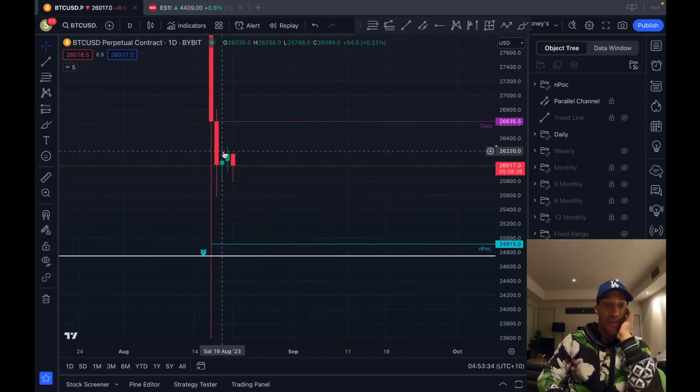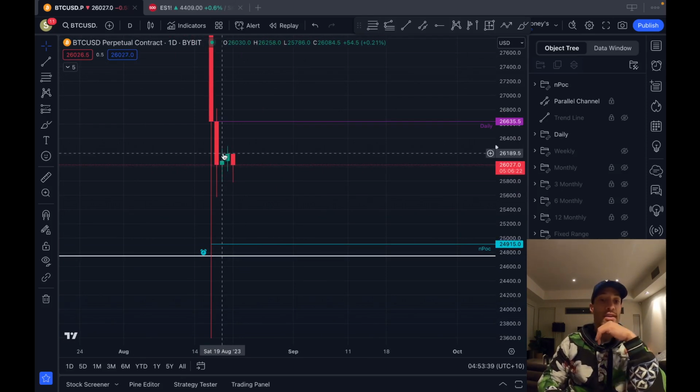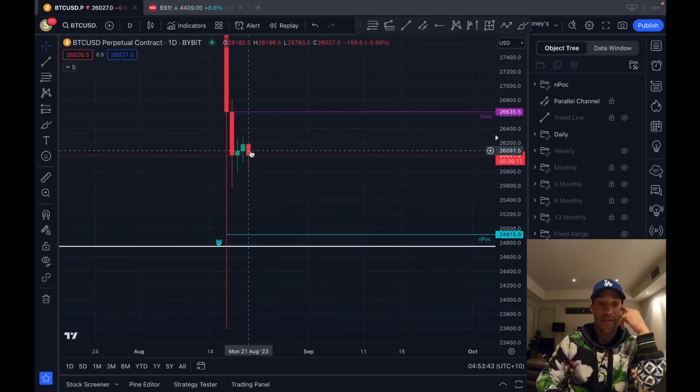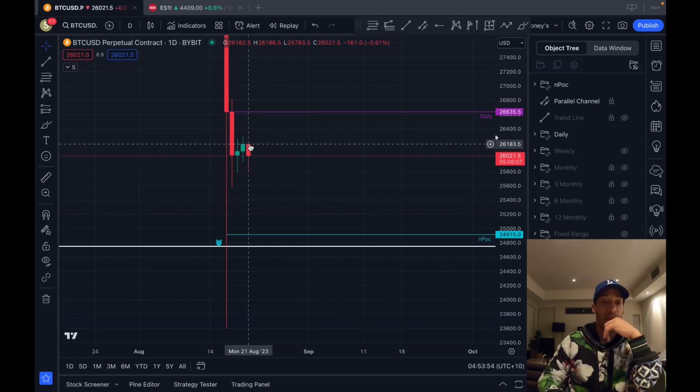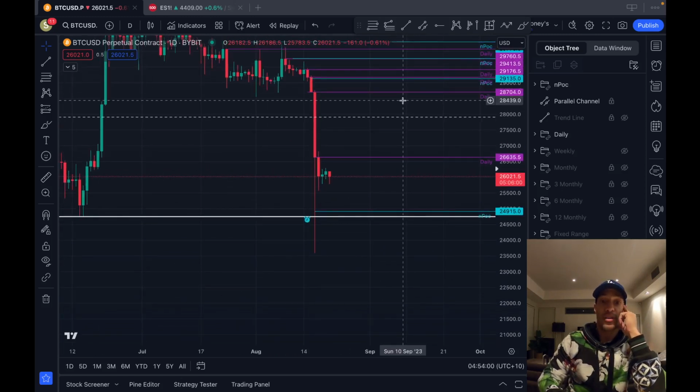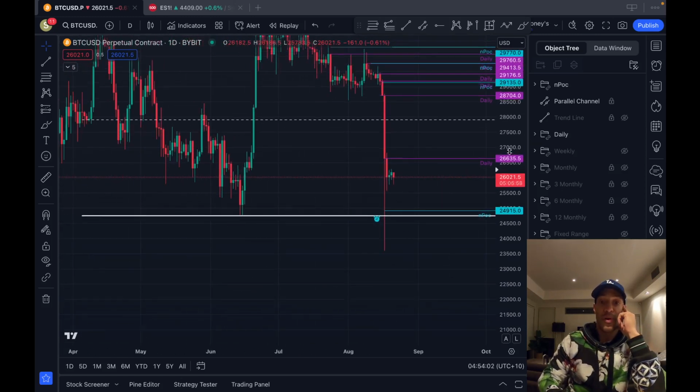You wouldn't classify this here at 26,189 yet as a naked daily level, because the current day session that we're on right now has not closed. So when that closes, if that were not to be tapped once again, we could mark that level off as a naked daily level. And these are important levels on the charts where price is often well respected.